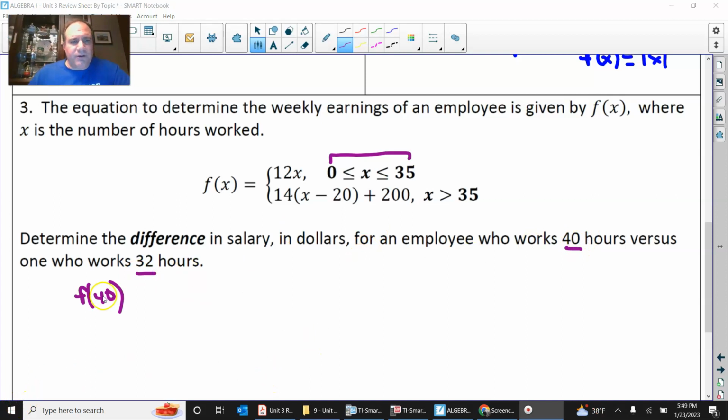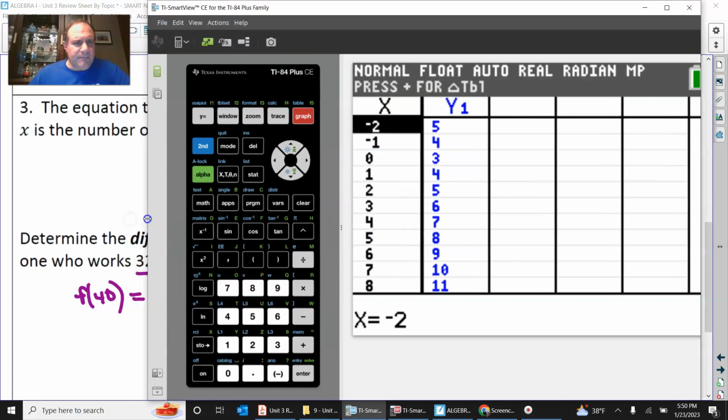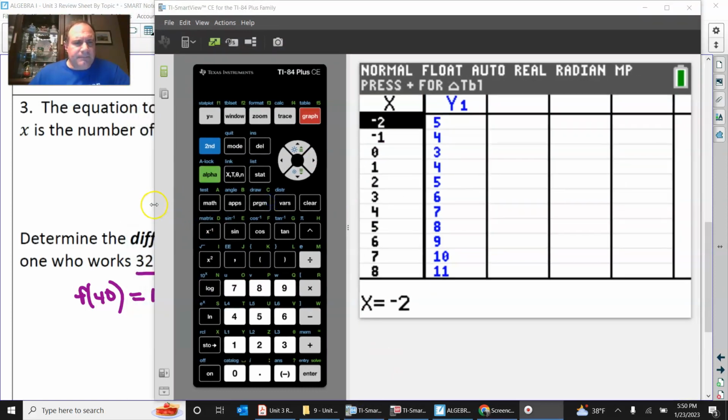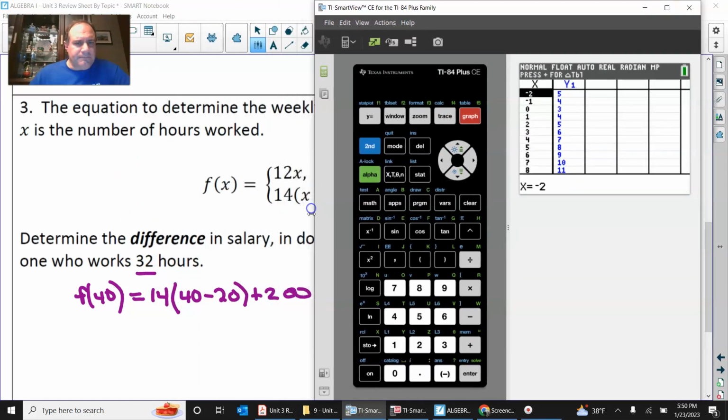So for f of 40, this is your x, you're going to use this function right here. So we are going to put 14 times 40 minus 20 plus 200. That is way too much to figure out in my head, so I am just going to use my calculator.